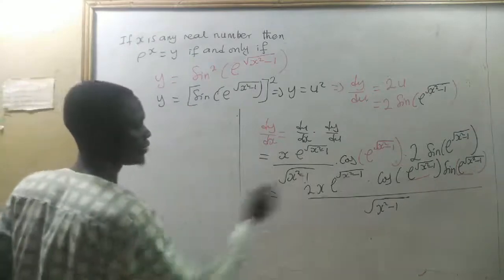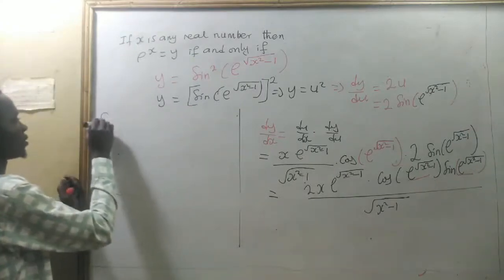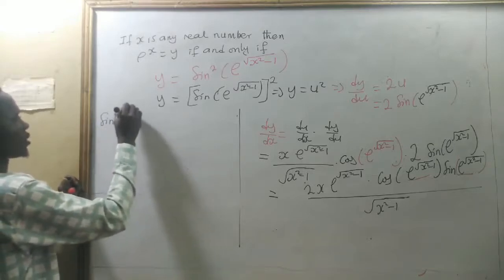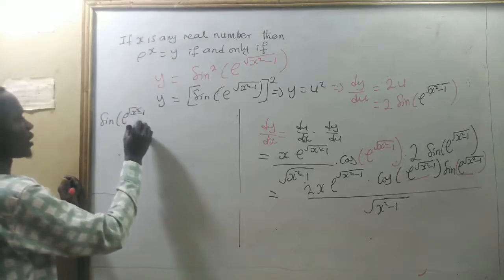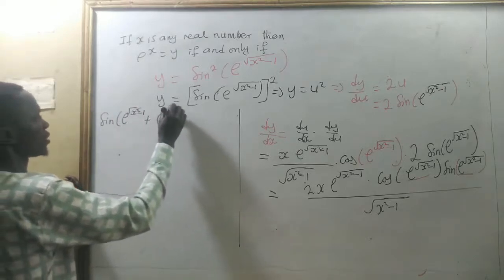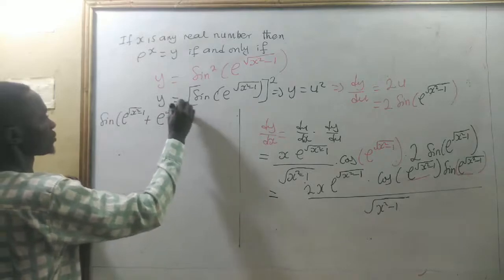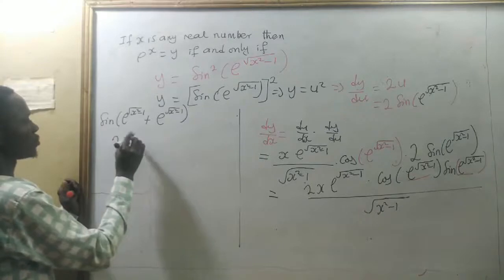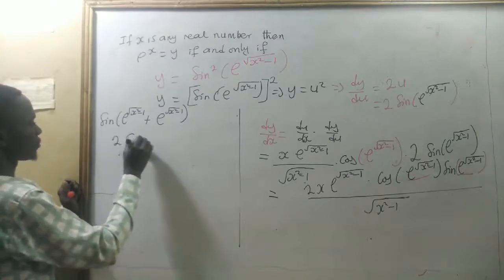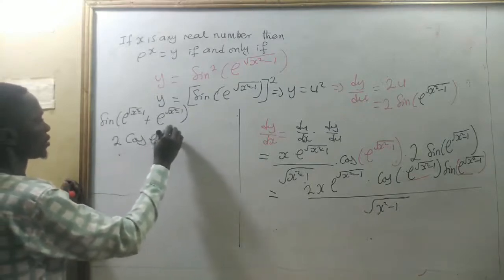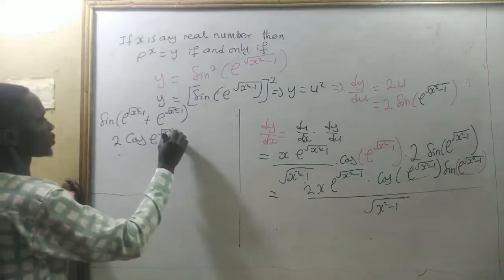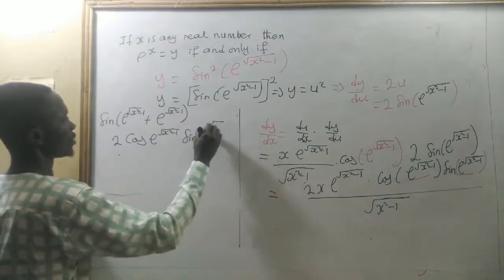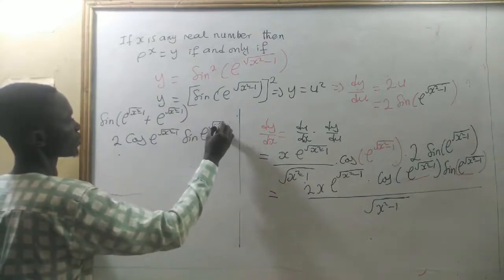So here, this implies that if I have sine of e to the power square root of x squared minus 1 plus e to the power square root of x squared minus 1, I'm going to get 2 cosine of e to the power square root of x squared minus 1 times sine of e to the power square root of x squared minus 1.